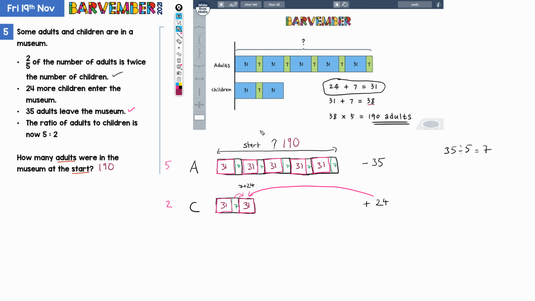So I just did it the other way around. So it was very much the same thinking in terms of distributing the loss or distributing the gain over the multiple parts so that you maintain something that you can work with, these equal sized parts that you can work with.